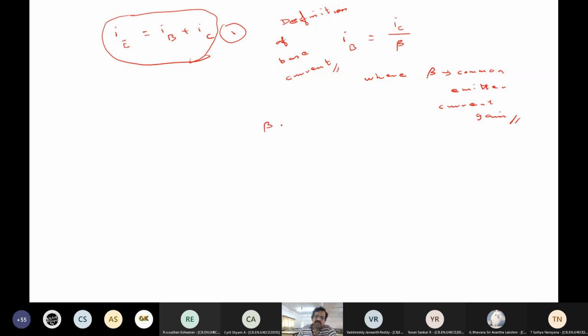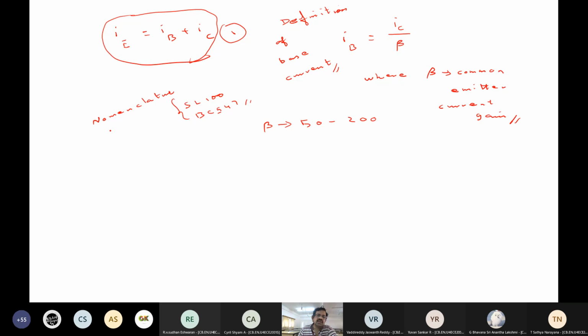Beta is typically of the order of 50 to 200. There are transistors like SL100, and similarly BC 547, if I remember correctly. This is the nomenclature you will be using in the lab.